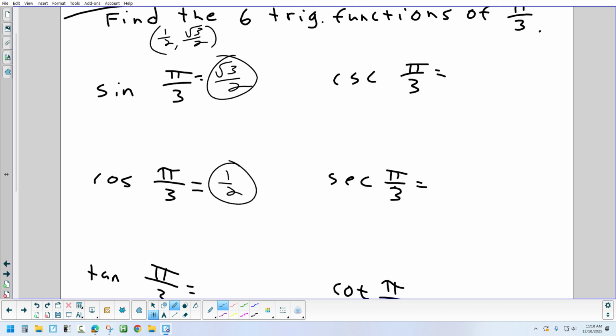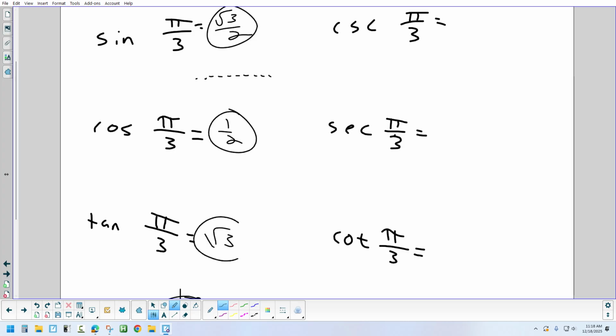And for the tangent, again, just imagine putting a division line right there and divide those two answers. What's going to happen when you take root 3 over 2 and divide by 1/2? The halves, or the 2's, would cancel out, so it would just be root 3. Okay, so we got that.